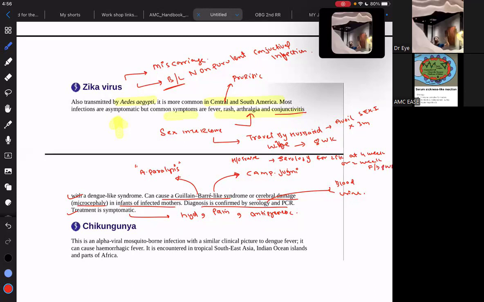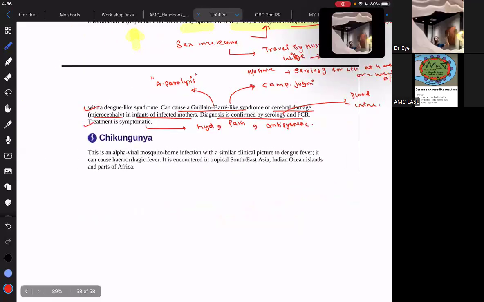Done? Okay. Chikungunya. Please remember that in chikungunya, the patient will have a chick sign. If this is the nose, the patient will have a brownish pigmentation on the bridge of the nose. That's what we call the chick sign. The patient will have arthralgia also. This is an alphaviral mosquito-borne infection with a clinical picture similar to dengue fever.